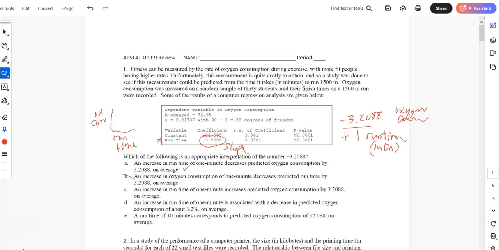No. An increase in runtime, 1 minute increases predicted oxygen consumption. No, that's not increase. That doesn't make sense. Runtime of 10 minutes corresponds. I don't think that seems right. Okay, so it's got to be the first. I mean, if you think about it as a fraction and think about it in context, it should make sense.